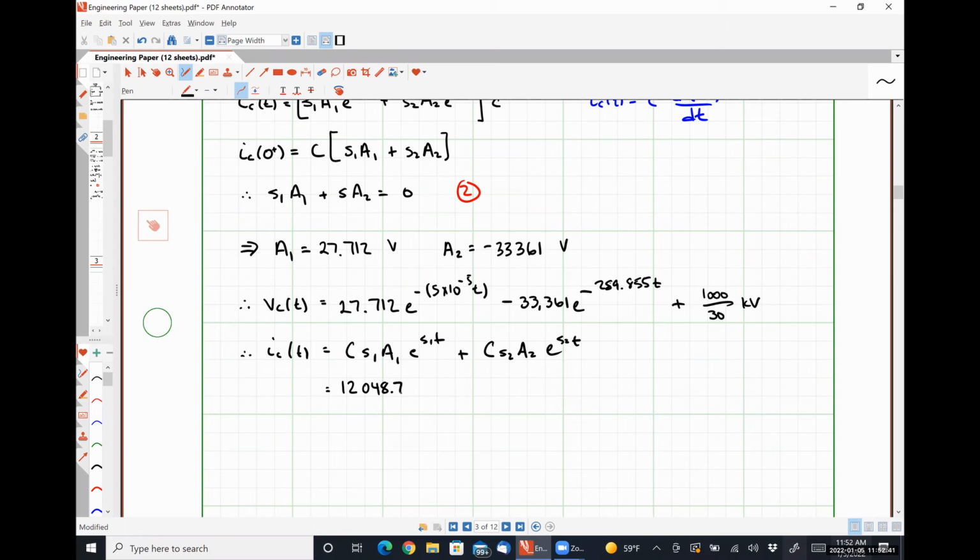That gives 12,048.7 e to the negative 5 times 10 to the minus 5 T.